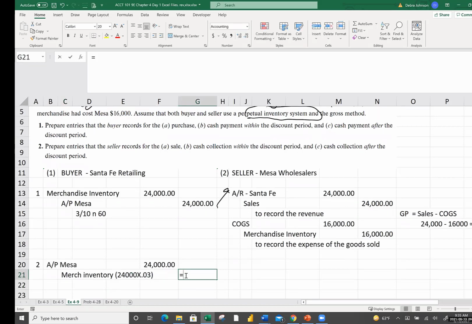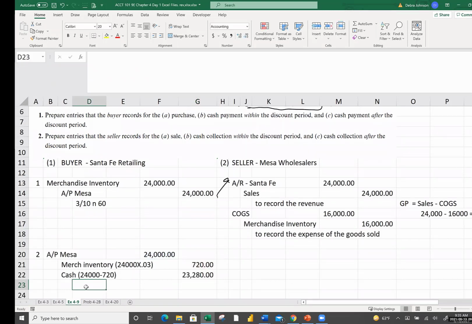So let me let the computer do that. 720 is my discount, and that means I would fork over cash, which would be equivalent to the difference between those two. And I'll let the computer do that. And that would be to pay off the amount owed within the discount period.